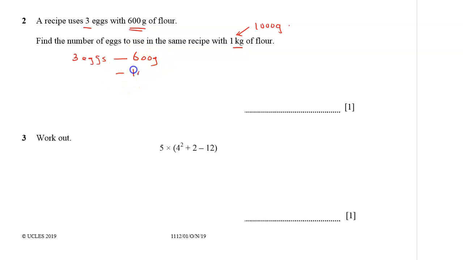The question is, if the flour is 1,000 grams, what will be the number of eggs that we will require? You cross multiply. You'll have 3 eggs times 1,000 divided by 600. And when you do the calculation, you'll find that you need 5 eggs. So 5 eggs will be required.